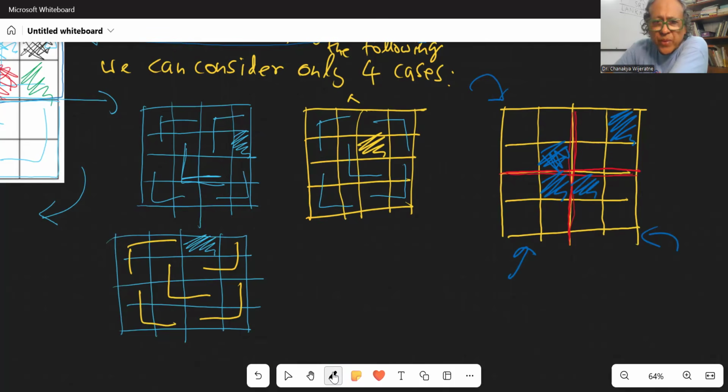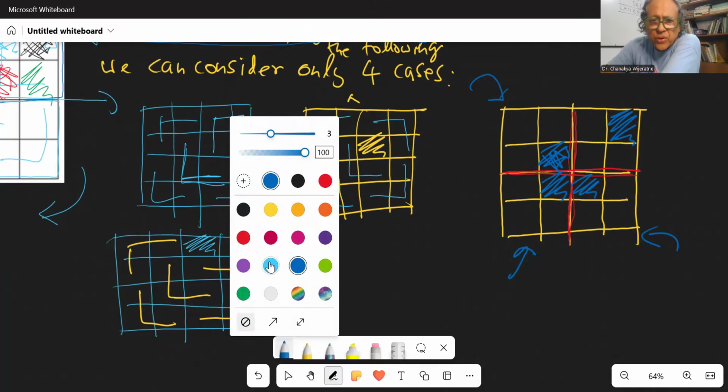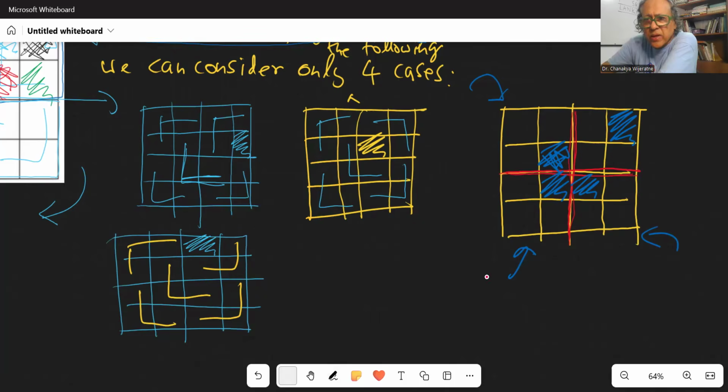And now, I have removed those 3 squares, and they can be tiled by one L-tromino.